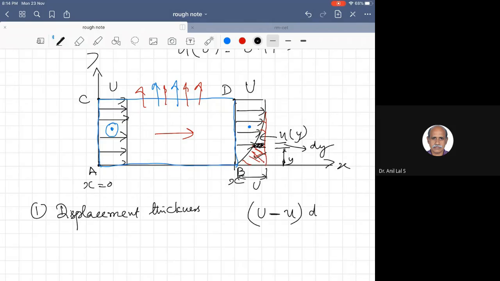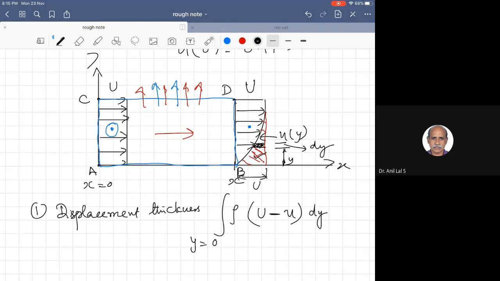The reduction in volume flow rate through the small strip of height dy is (U minus u) dy, and the mass flow rate is multiplied by rho, and this you integrate from y equal to 0 to y equal to this height.